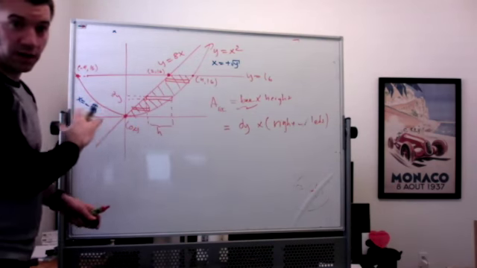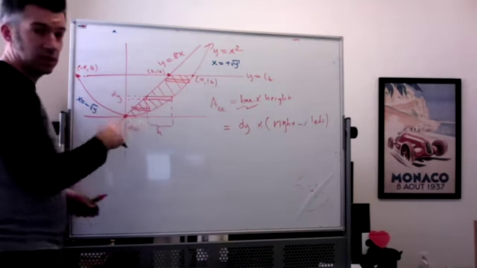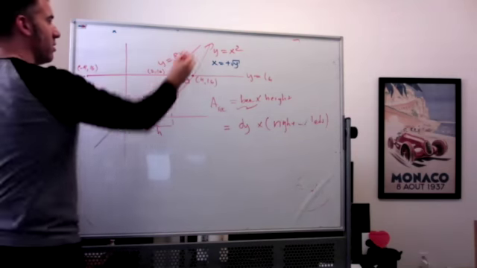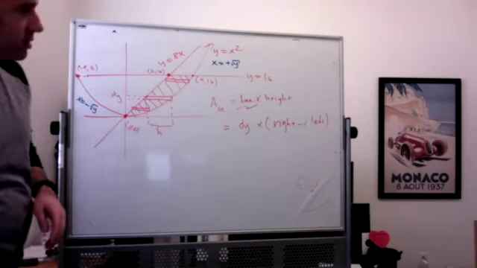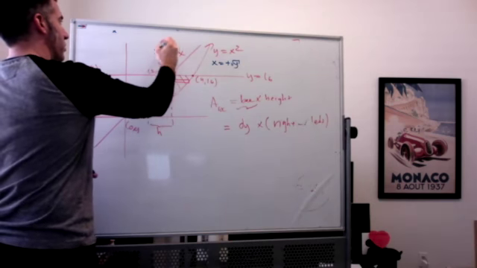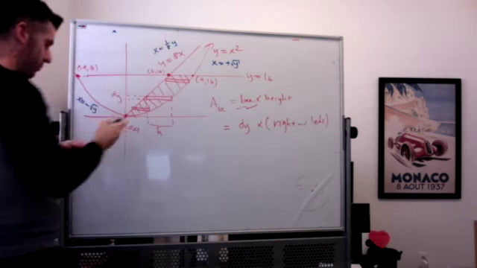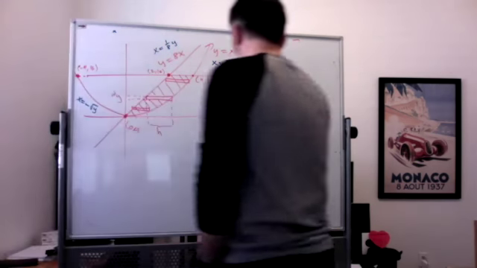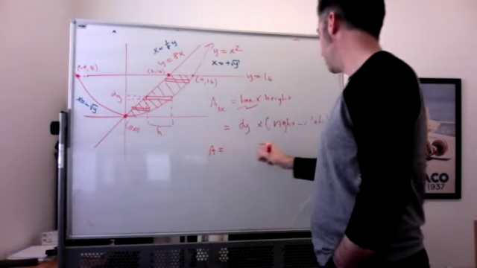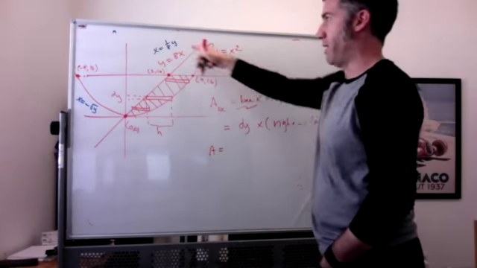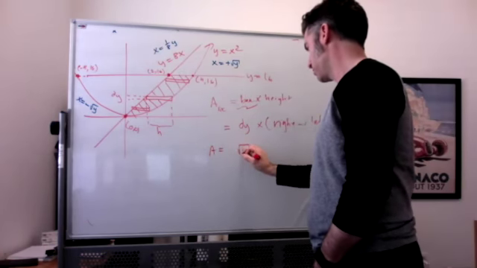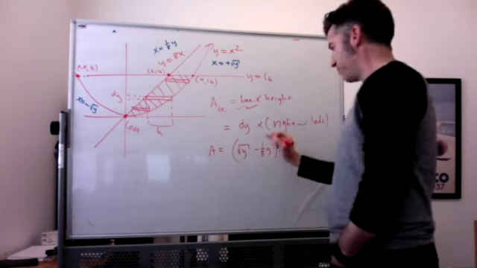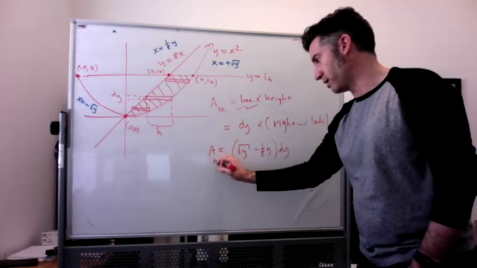But we're totally ignoring it because that's not part of the region we're looking at, just like in the last problem. And then this here, y equals 8x, we would solve for x and we would get x equal to 1/8 y. So the area of a rectangle would be right minus left, so root y minus 1/8 y times dy. That's the area of just one rectangle.